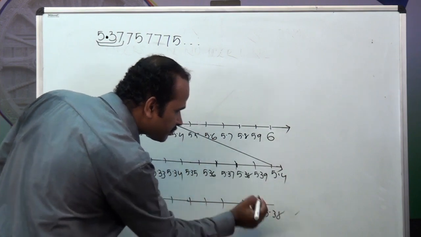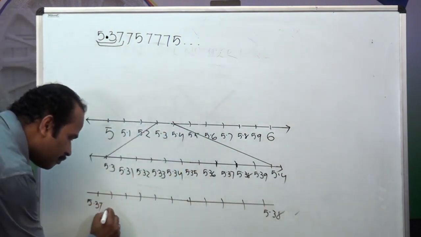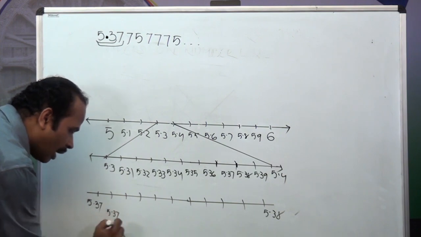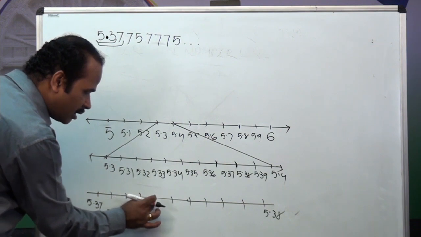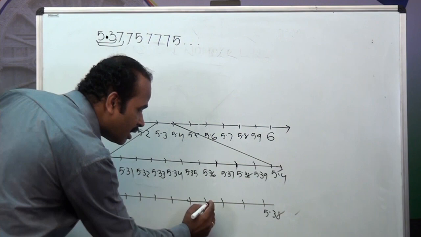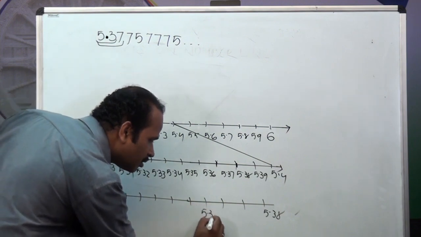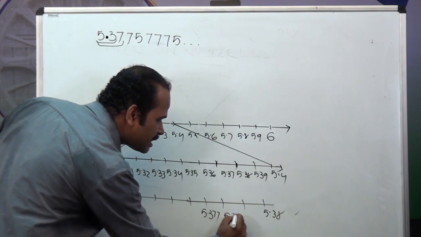Now look here. This number I have selected is 5.371. Similarly, it is 5.372, 373, 374, 375, 376, 377. Now this point represents 5.377. And the next point is 5.378.